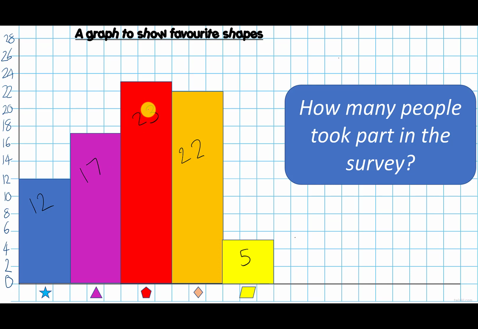Now you might want to do this individually, in pairs. So I could add these two, I could add these two, and then add them like that. Or you might want to write them in a long column. So I could do 12 plus 17 plus 23 plus 22 plus 5. However you want to do it is fine.